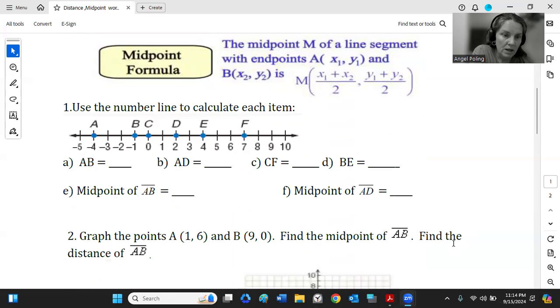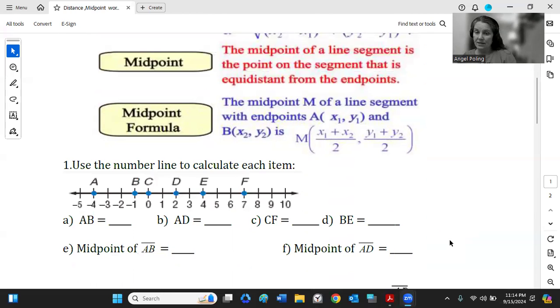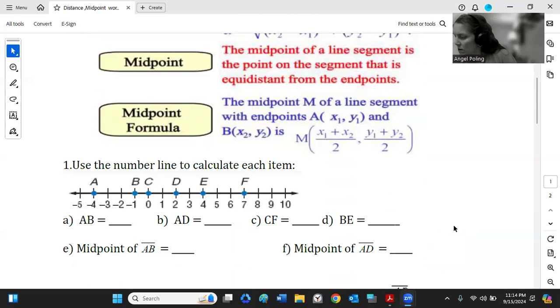Okay, so here we have number 1, and we're going to use this number line right here. It says use the number line to calculate each item.